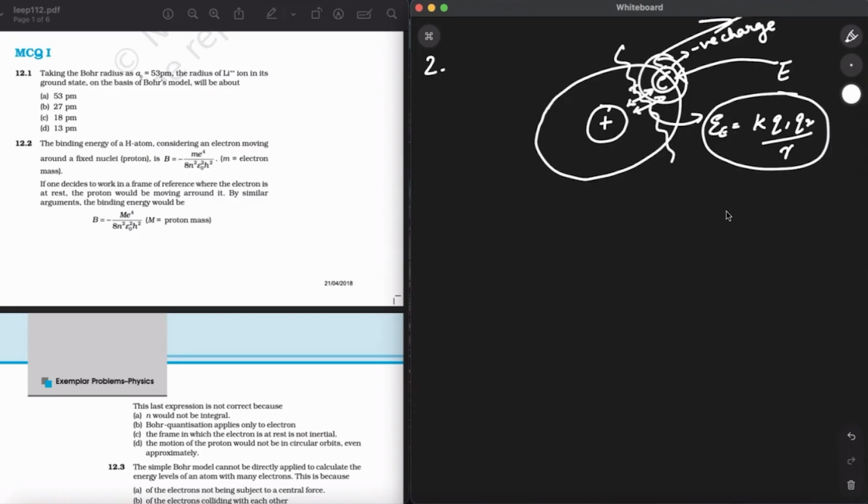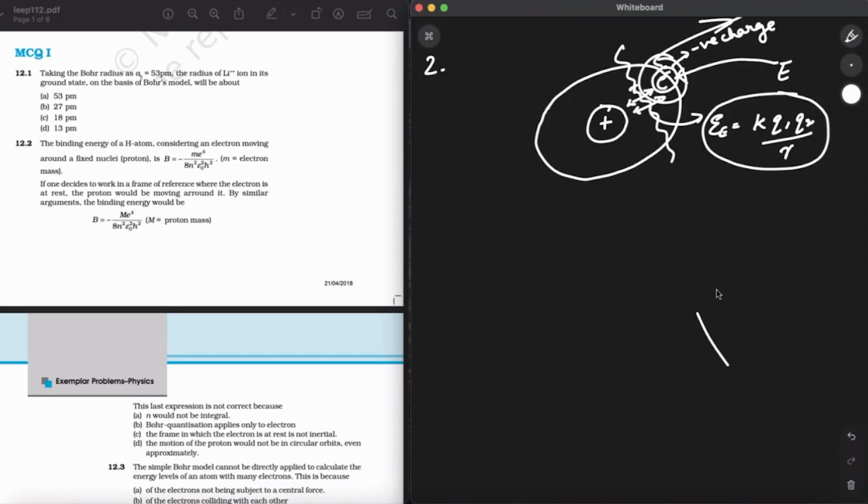So the binding energy, as its name suggests, binds the electron close to the nucleus. But if you provide an energy to an electron which is greater than the binding energy, then obviously that electron will surpass the energy that is binding it and it will move away from the nucleus.